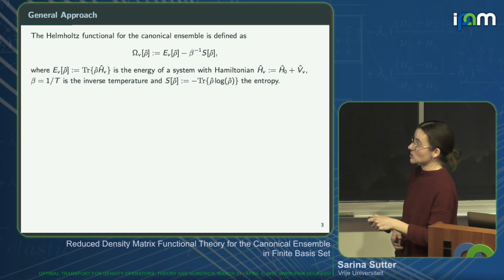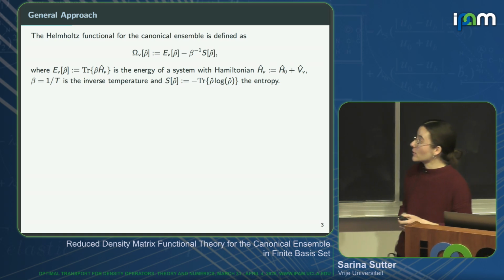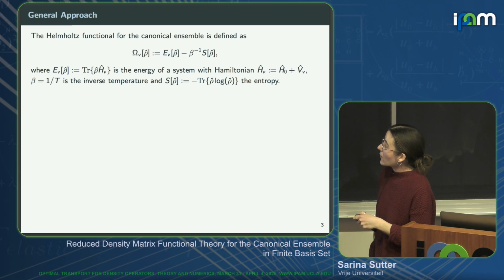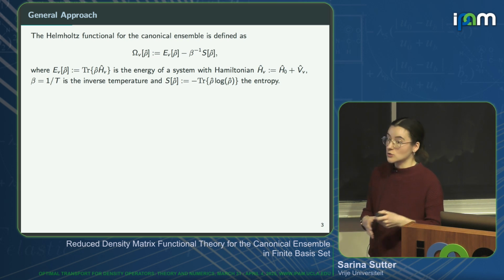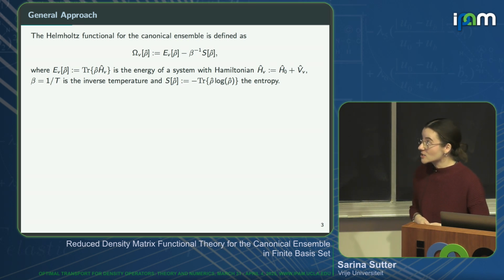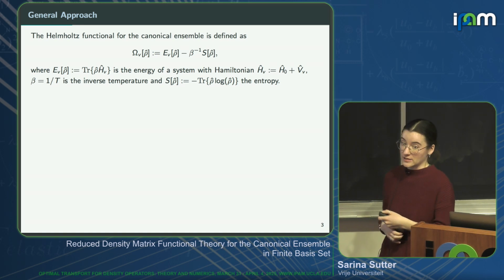This functional is called the Helmholtz functional. Our Hamiltonian is of the following form. We have H0, which is usually the kinetic energy and interaction energy, and this is kept fixed. And then we have our potential.